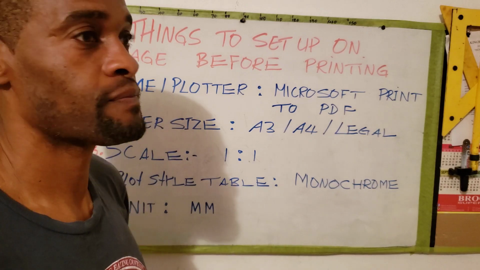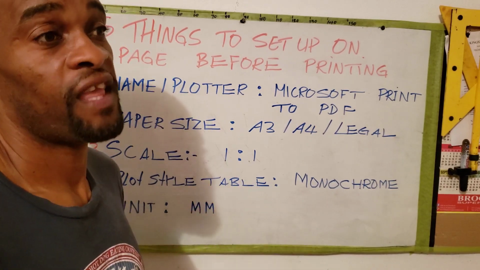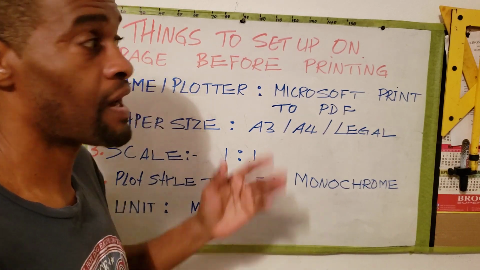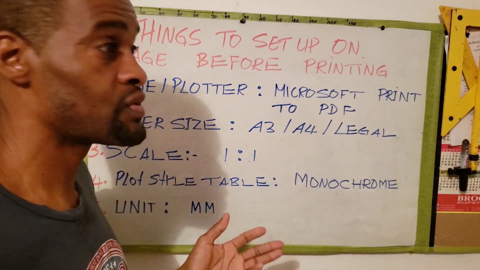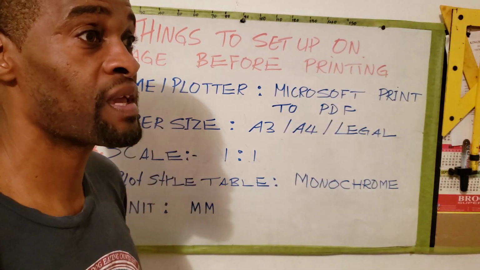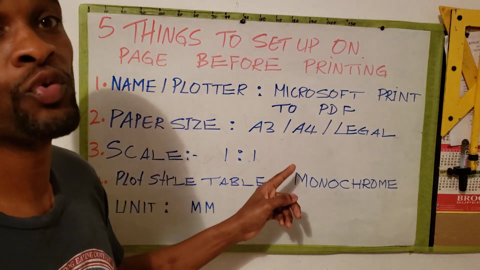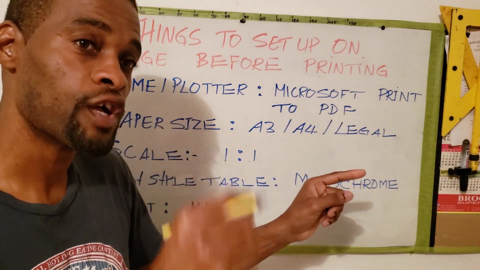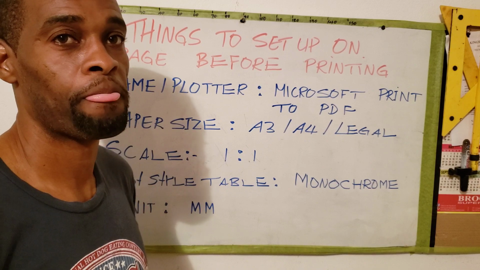on a wide format. However, if you wish to print on a larger size paper, like A2 or A1 or A0, those really large papers, you would need to choose DWG to PDF .PC3.